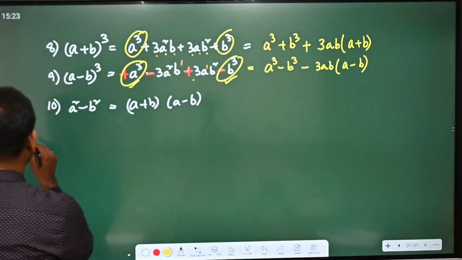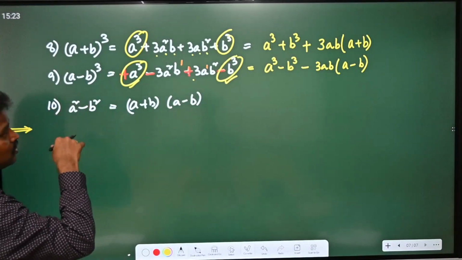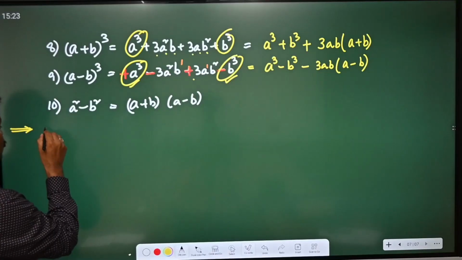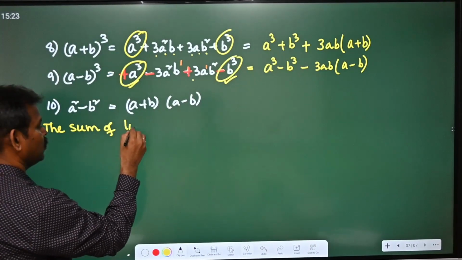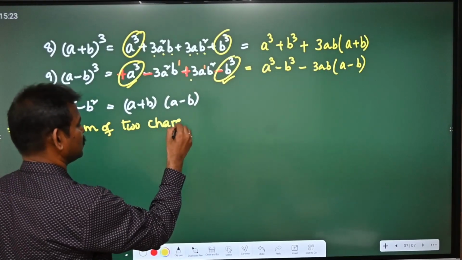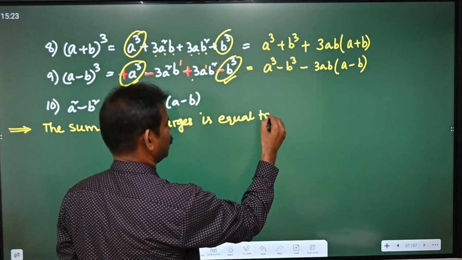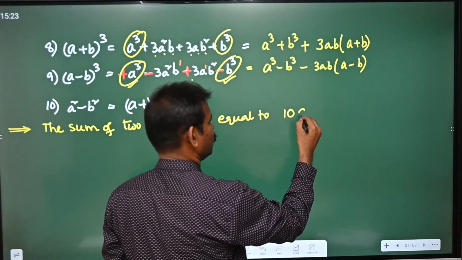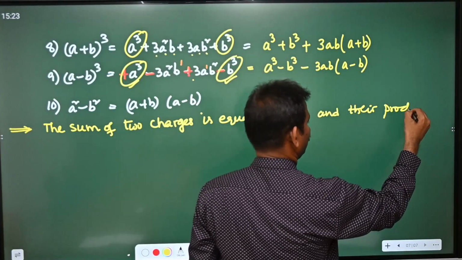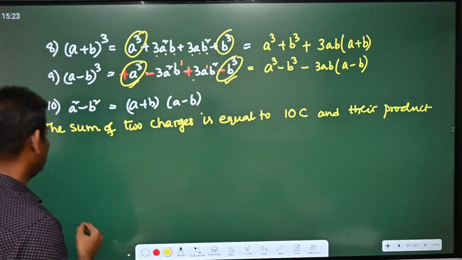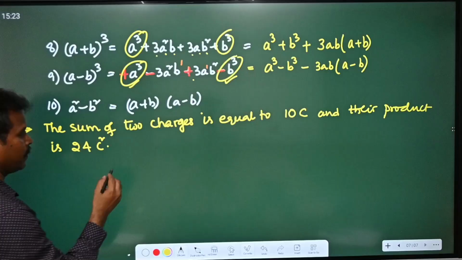Now a problem from physics where we are using these concepts. The sum of two charges is equal to 10 coulombs and their product is 24 coulomb square.